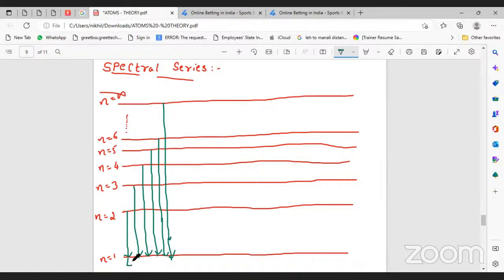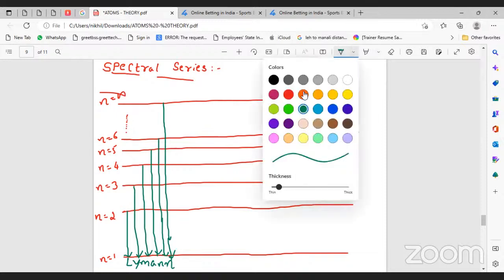Such a series is what we call the Lyman series. So what is the Lyman series? The Lyman series is the one where the electron takes a transition from a higher orbit to the first orbit.